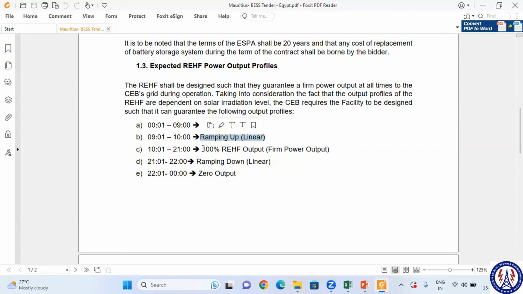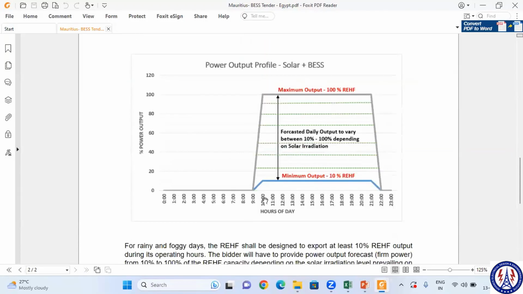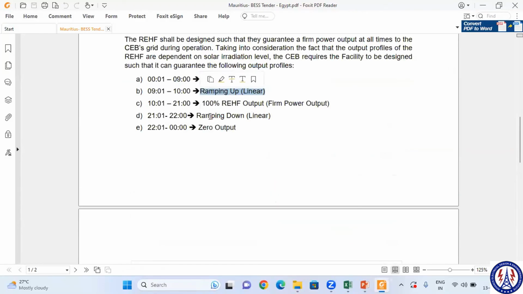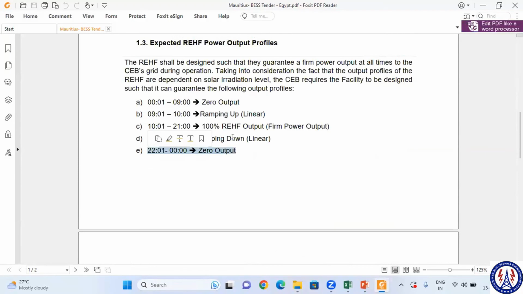So ramping up is linear, that is fine. So 9 to 10, within 1 hour it ramps up, that is fine. And then ramping down, that is fine. We know 1 hour, that would be fine. Then it's a zero output. And this is from the solar they are expecting, right? And they are setting the capacity of the solar plant.